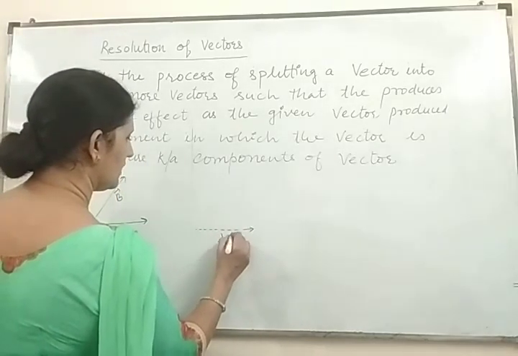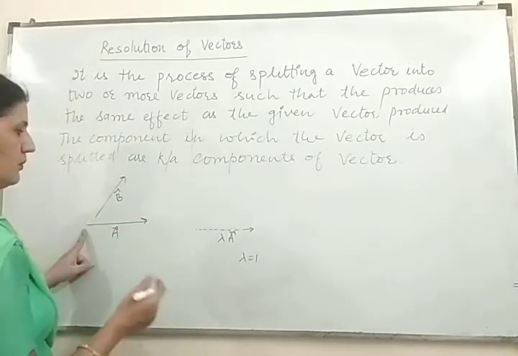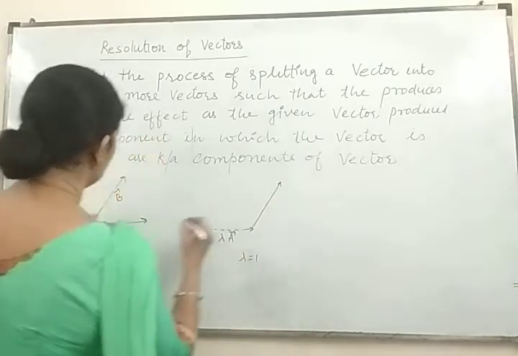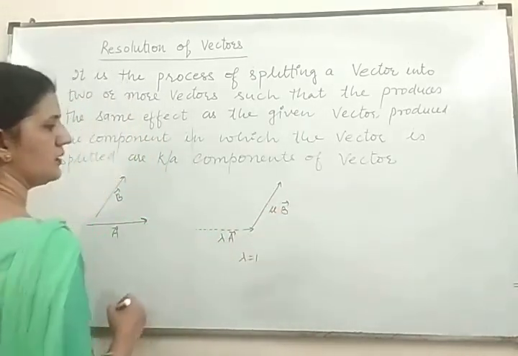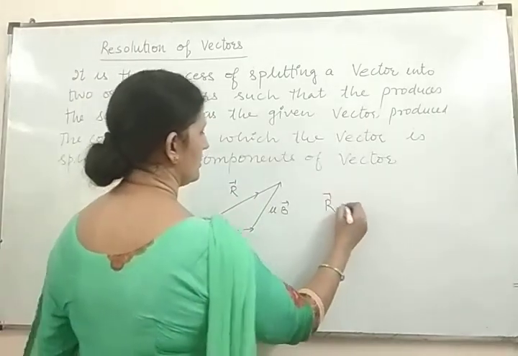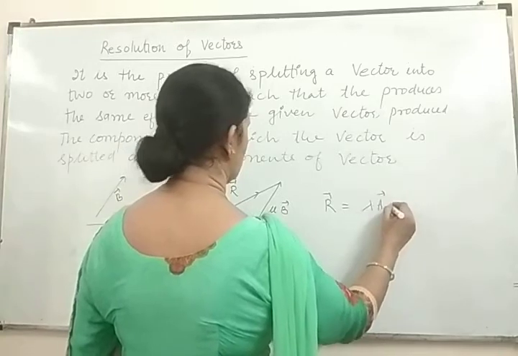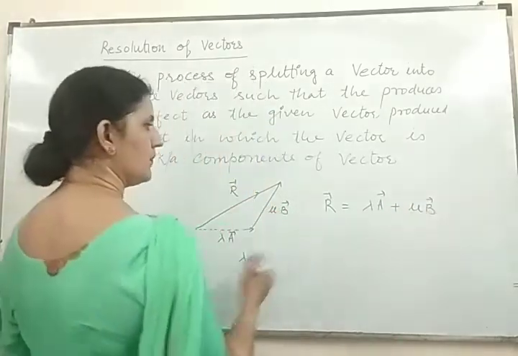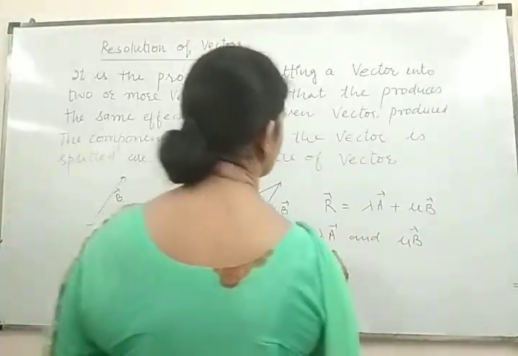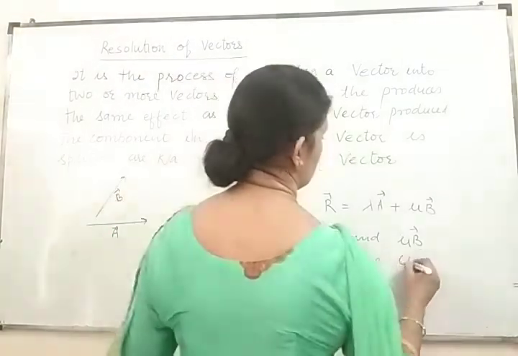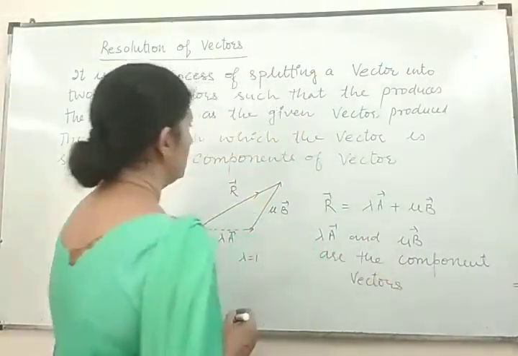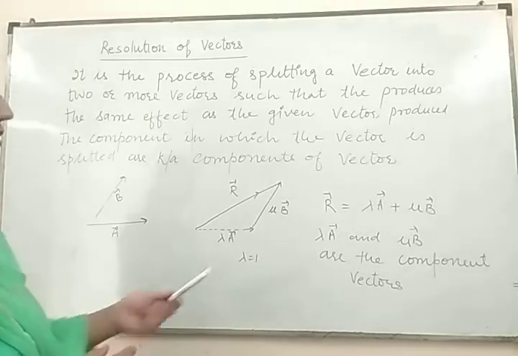This is lambda times A, and this lambda is 1 here or maybe another value, and similarly they keep the same angle between them, the vector B. This vector is suppose mu times the vector B. This is the other vector, and here the resultant vector R. This resultant vector R is now lambda into A plus mu into B. Here lambda A and mu B are the component vectors. Note it down.